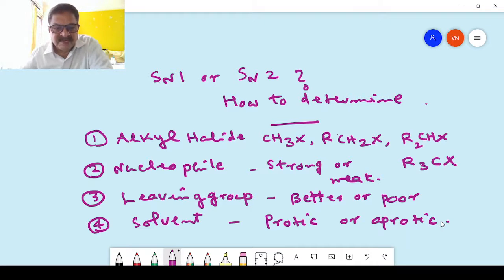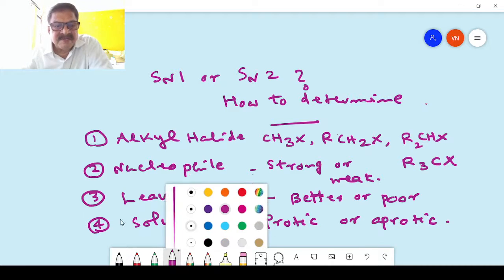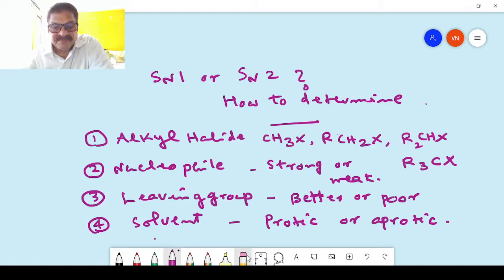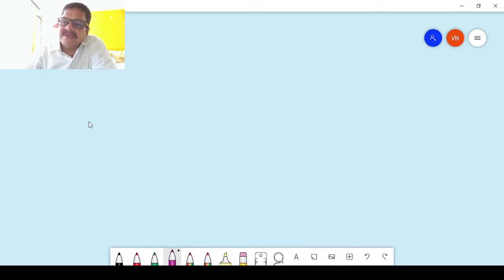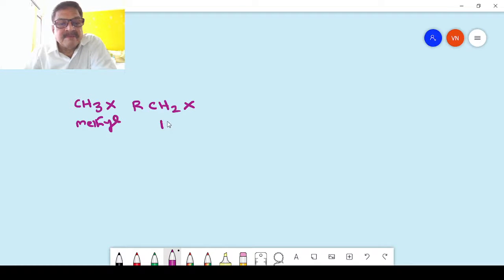Now, we have seen the Sn1 mechanism favors only a tertiary alkyl halide. If you see, this is the methyl halide, CH3X, and RCH2X, this is the primary one.